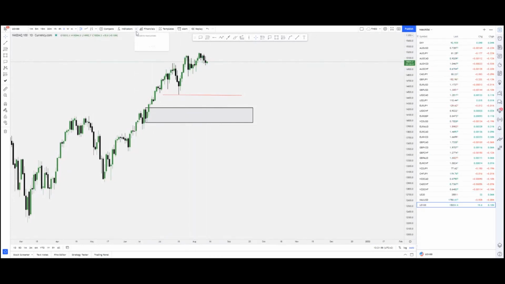If I add the RSI, or whichever tool I want to add, you see a divergence here, which is telling us that price might trade lower soon.